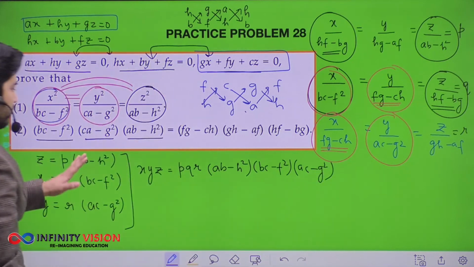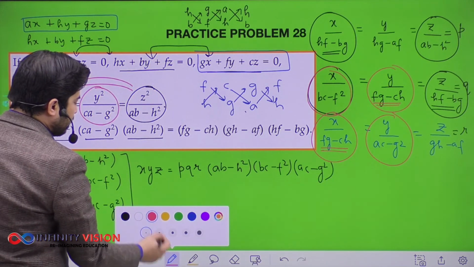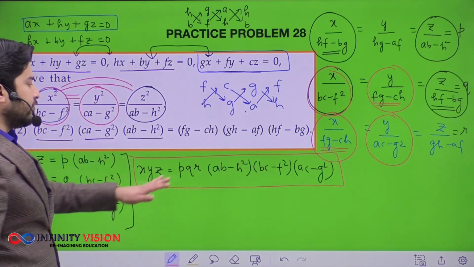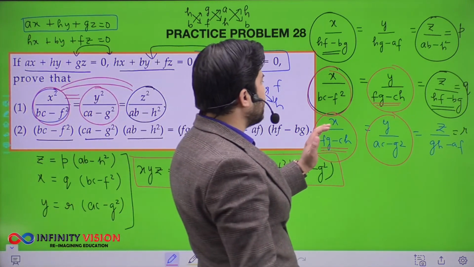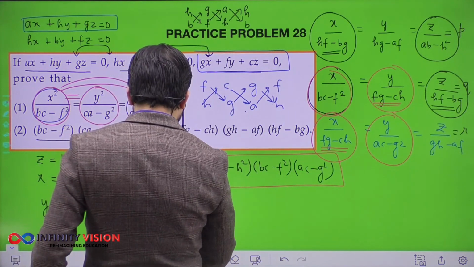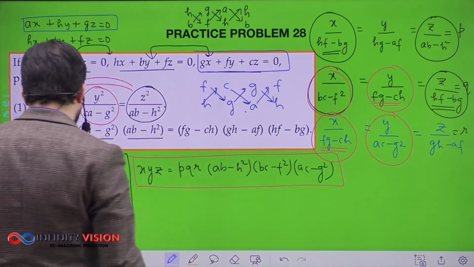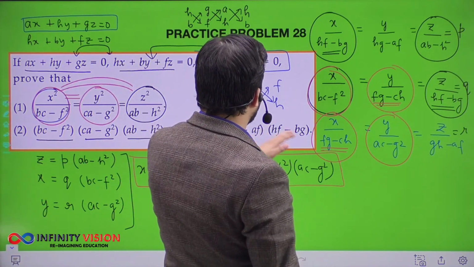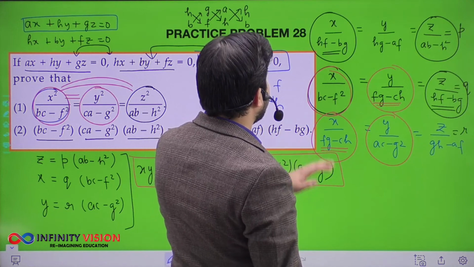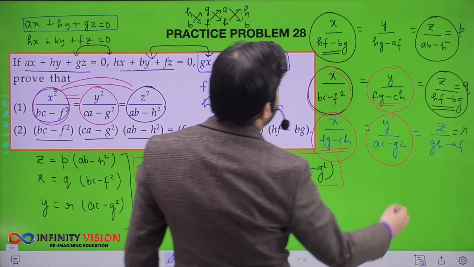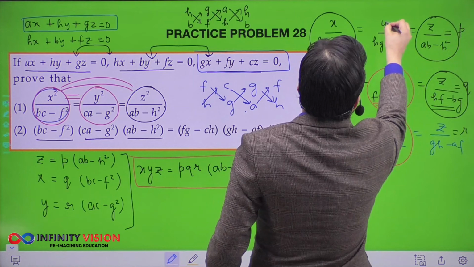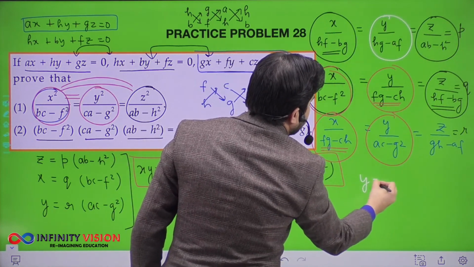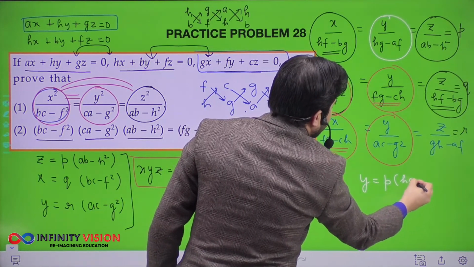So this is one equation I created. Why did I do this? Because I wanted to have a product of ab minus h square, bc minus f square, and ac minus g square. Now what I need is, I need fg minus ch, and I need gh minus af, and I need hf minus bg. So let's say, for here I take this one, and I write y is p into hg minus af.